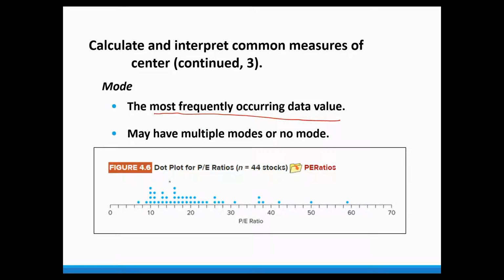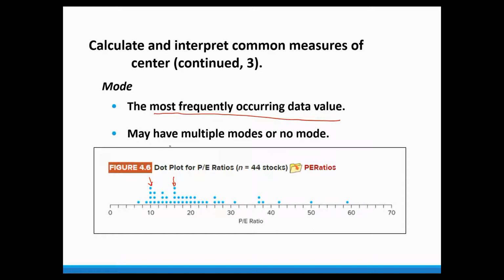So if we look at this graph, we would realize that the most frequently occurring values are here when the observation value equals 10, and here when the observation value equals 16. So the most frequent values here are at the points 10 and 16.